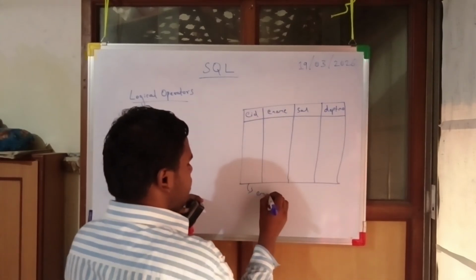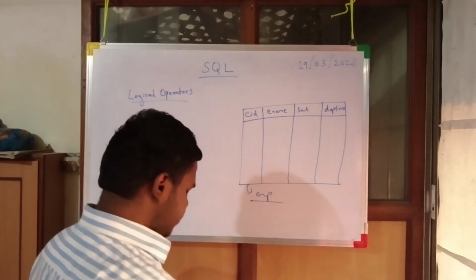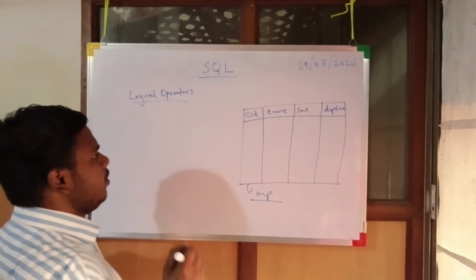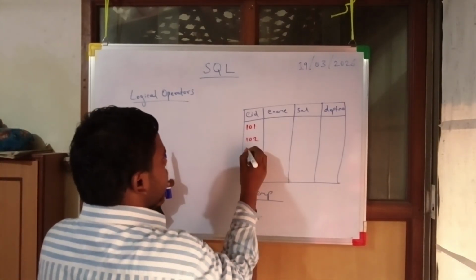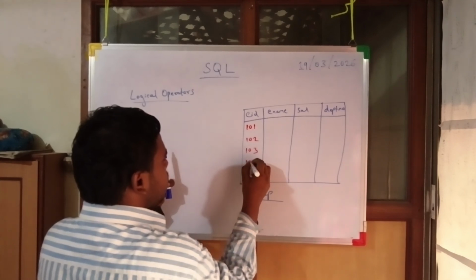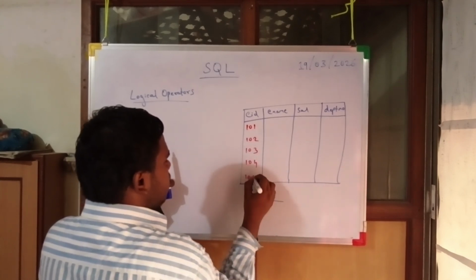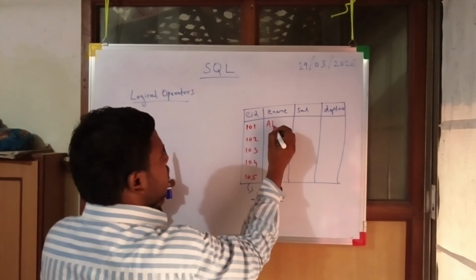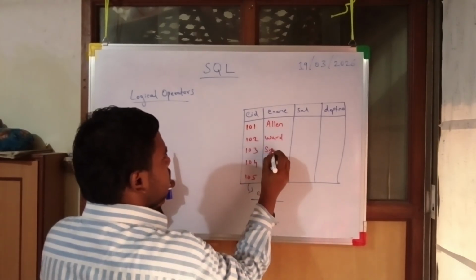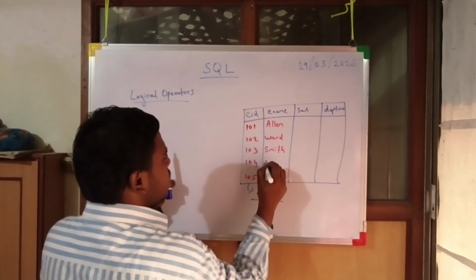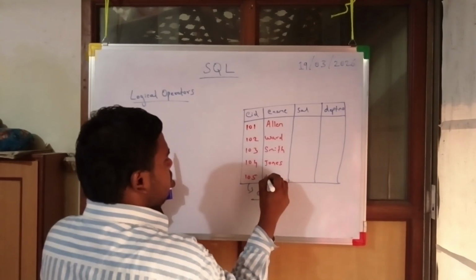Suppose it to be the employee table, where I will keep the employees as 101, 102, 103, 104, 105: Allen, Ward, Smith, Jones, Miller.